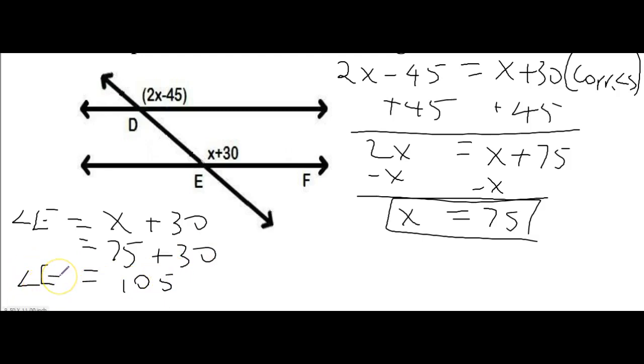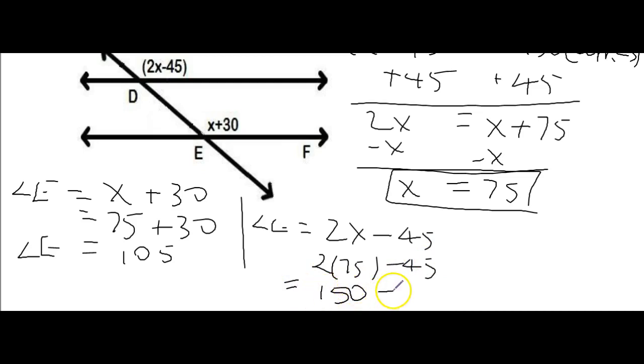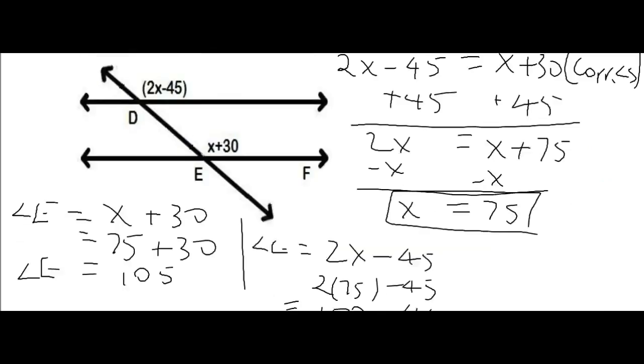So angle E is 105. We can try it with the other one just to check. Angle E equals 2x minus 45. This is 2 times 75 minus 45. It's 150 minus 45, which gives us 105. The same thing, 105. So that checks. Angle E is 105.